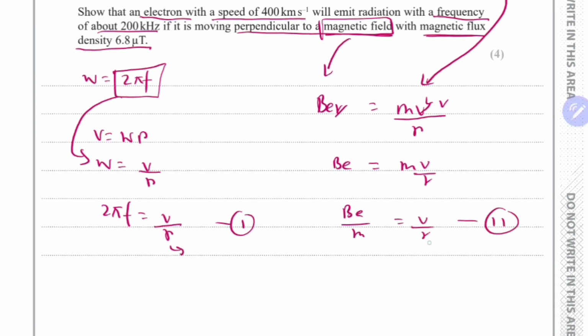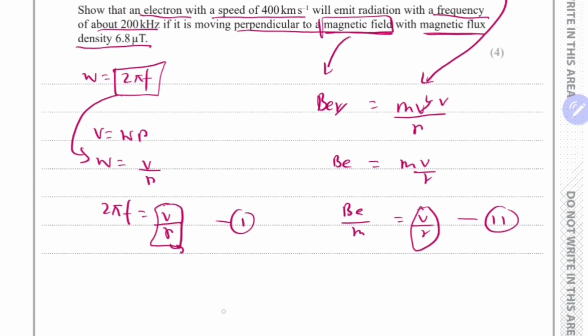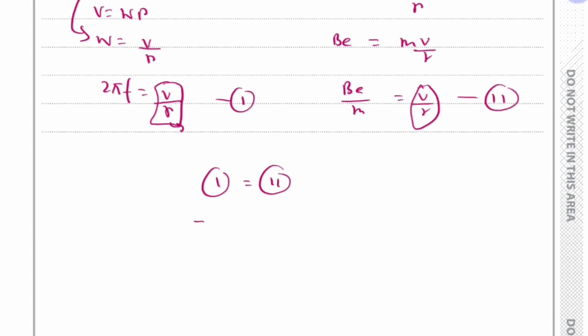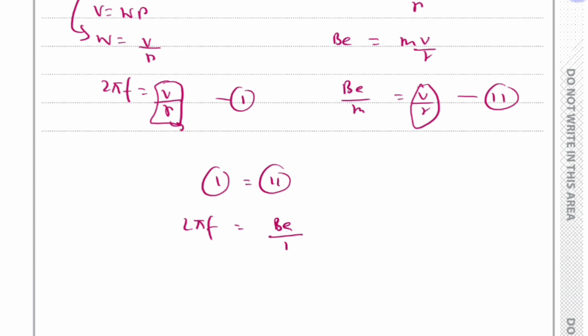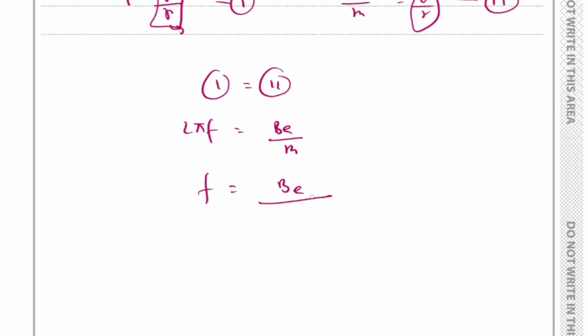That's our second equation. You can see this and this are similar. So we're going to equate our equation 1 with equation 2. It will be 2 pi f equals BE by m. We're going to make f the subject, so it's going to look something like this: BE by 2 pi m.